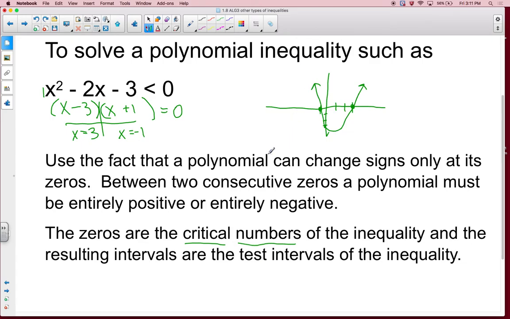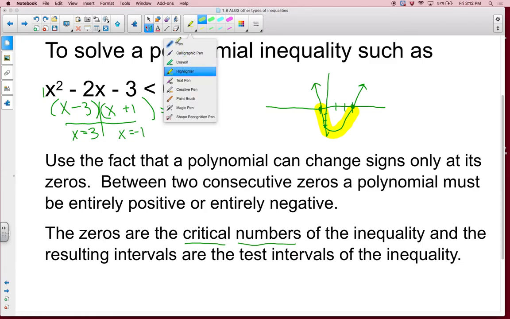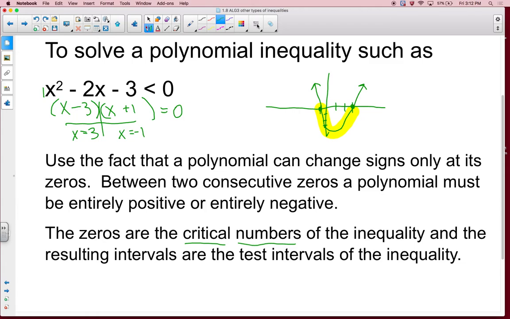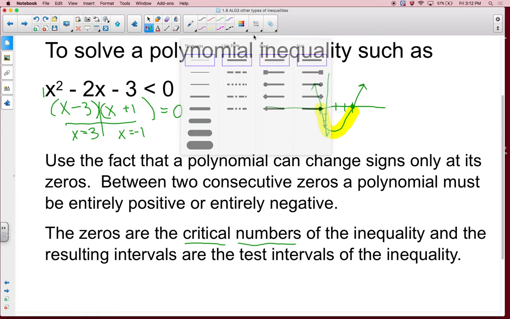So if we look here, we want to know where it's less than 0. If we can graph it, awesome, then you don't have to plug any values in, because you could simply look at this and say, where does it look like this graph is less than 0, meaning underneath your x-axis? All of this here is less than 0. So if that's where it's less than 0, we just look at the interval.